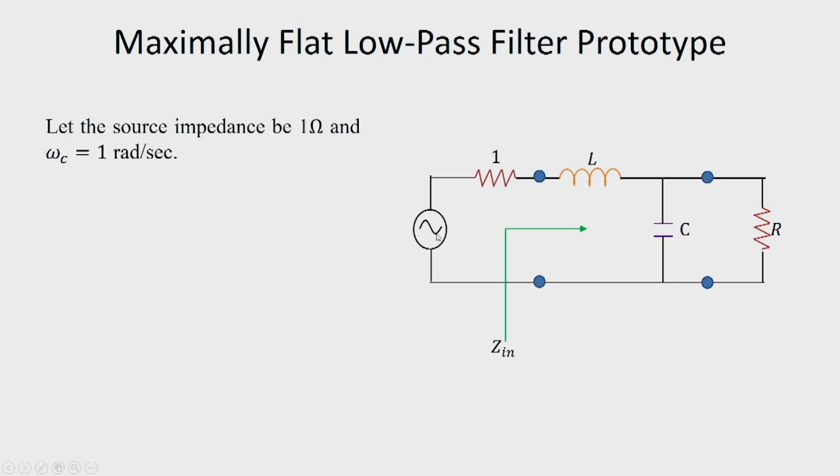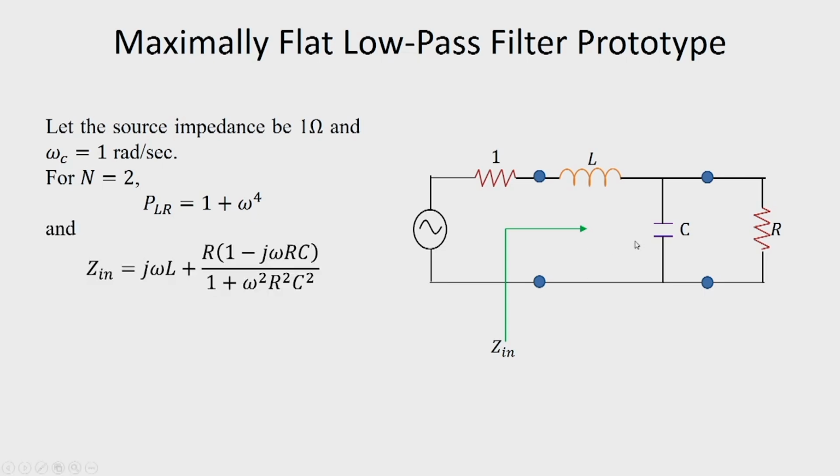Here the source has an impedance of 1 ohm, and let us consider the cutoff frequency to be 1 radian per second, and it essentially represents a second order filter where we have this series element L, and shunt element C, and this filter is connected to a load resistance R. So, for a second order filter, when the cutoff frequency is 1, in that case PLR becomes equal to 1 plus omega to the power 4.